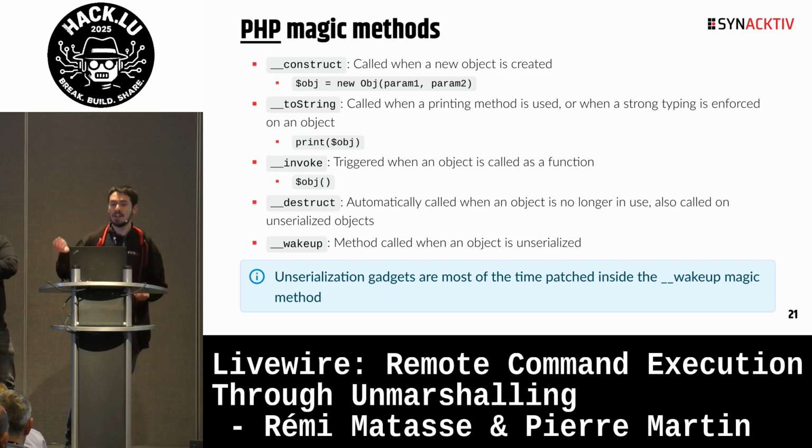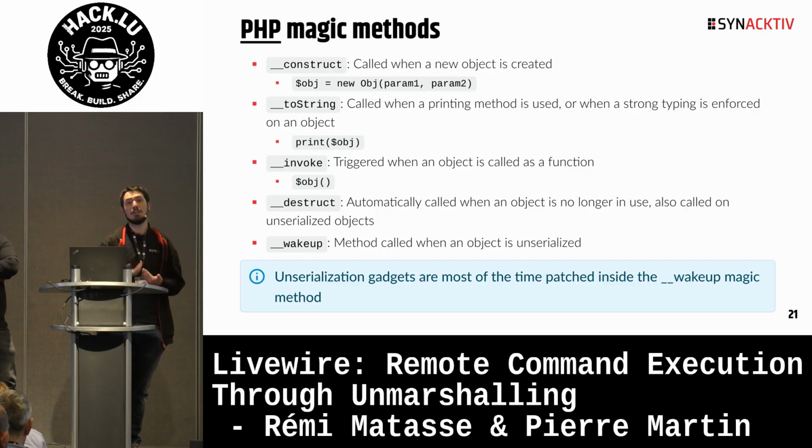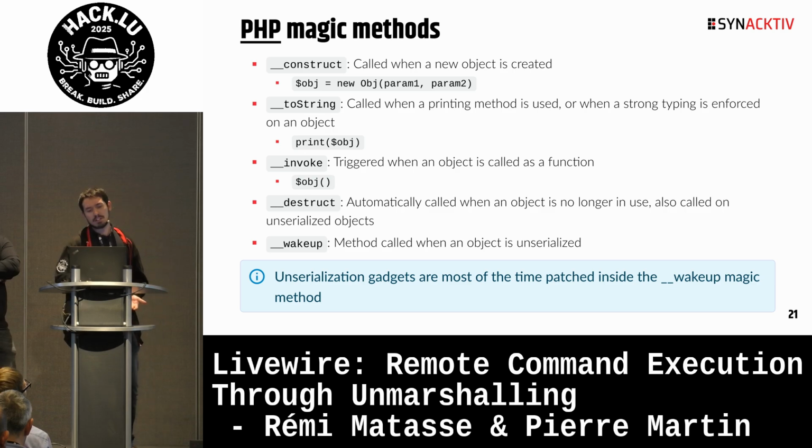In PHP, it will be called when you create a new object and you can pass parameters to it. There are others such as __toString, which will be called when you do, for example, a string cast or when you try to print an object value. It has to be transformed into a string, so you need this magic method to transform it to a valid string.